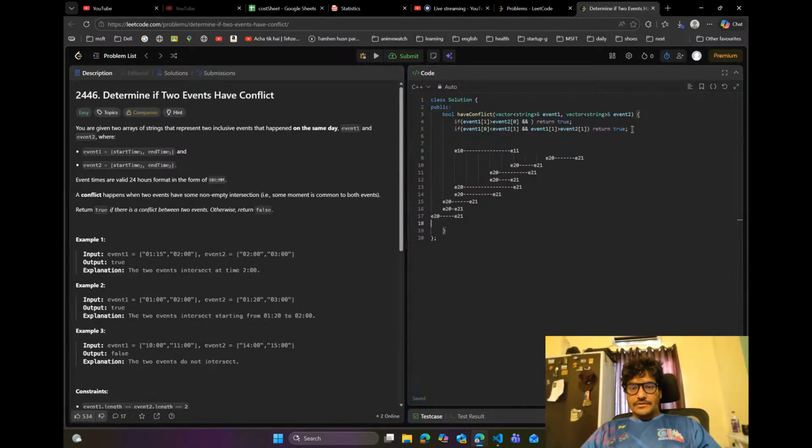So that's why we are using greater than, not equal to sign.